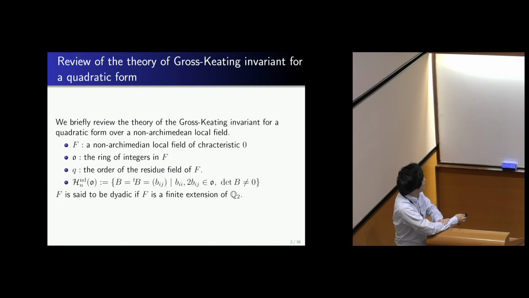It is a symmetric matrix B such that diagonal elements are integral and off-diagonal elements are half integers. ND means non-degenerate, which means that determinant B is not 0. And the field F is said to be dyadic if F is a finite extension of Q_2.